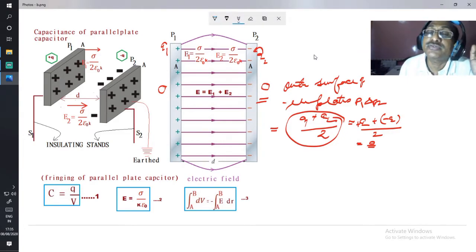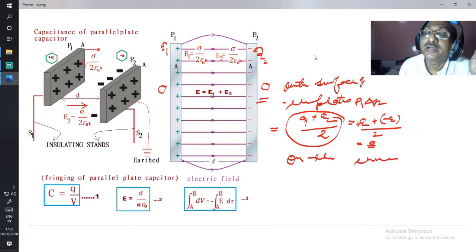Now the magnitude of the charge on the inner surface of the plates P1 and P2 equals (Q1 minus Q2) upon 2.